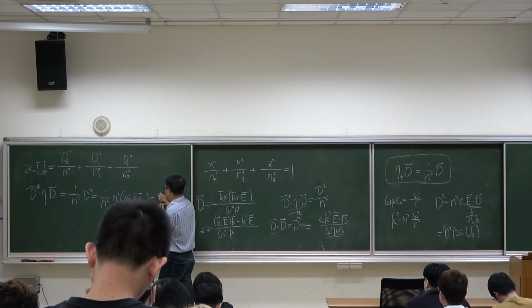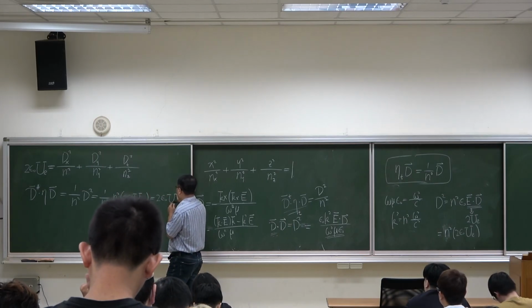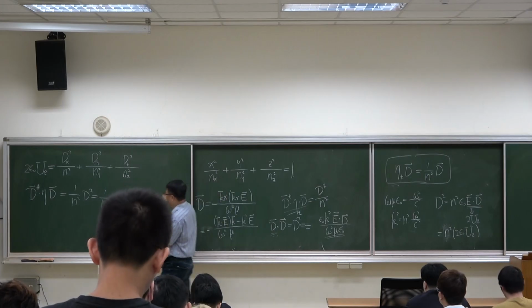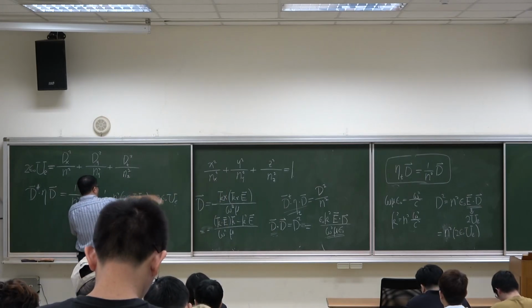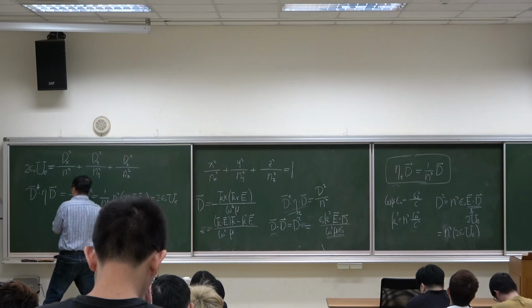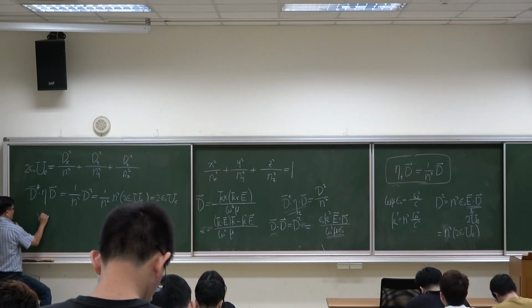So this gives us 2 epsilon UE. Okay? So this means that we can divide the whole equation by 2 epsilon UE and get this.